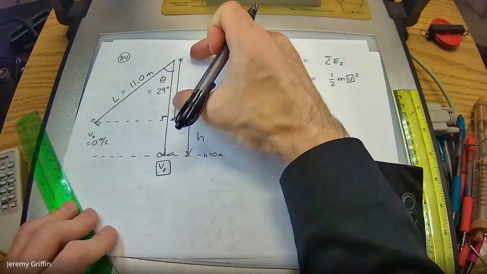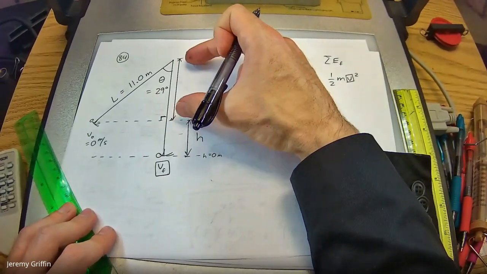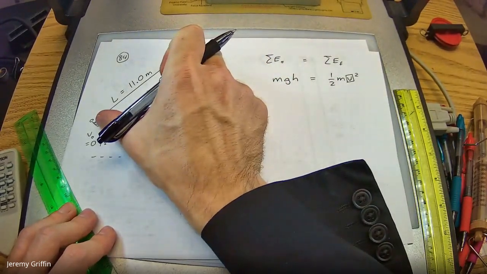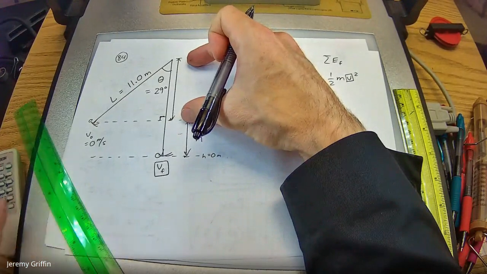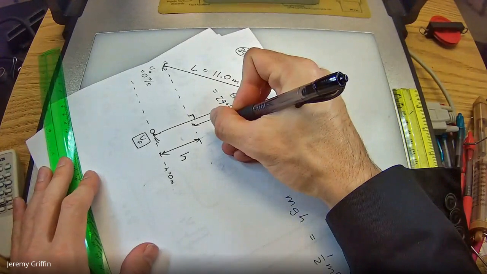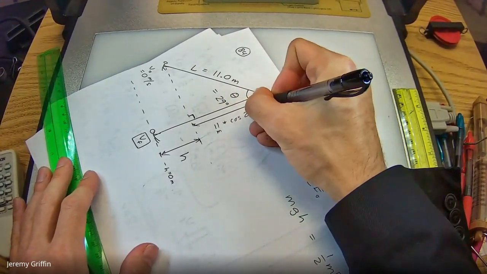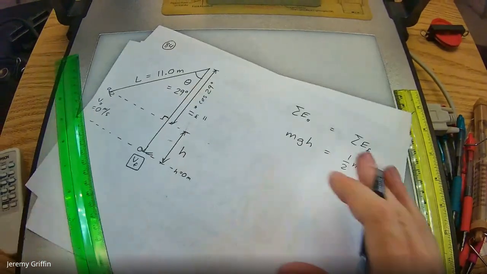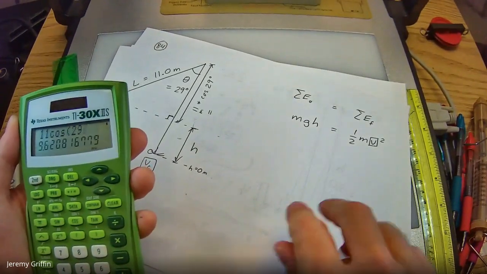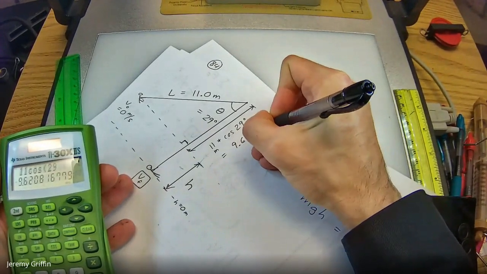So who can tell me what this segment is equal to, since you know trigonometry? It's equal to what times what? 11 meters multiplied by cosine of 29 degrees. Exactly. So this is 11 meters multiplied by cosine of 29 degrees. Let's get a number for that. What is 11 cosine 29 degrees? That is 9.62 meters.